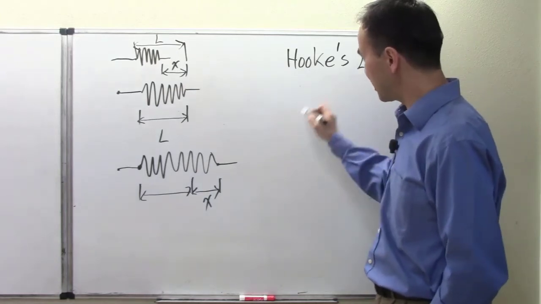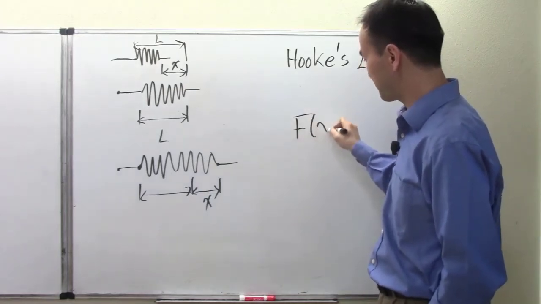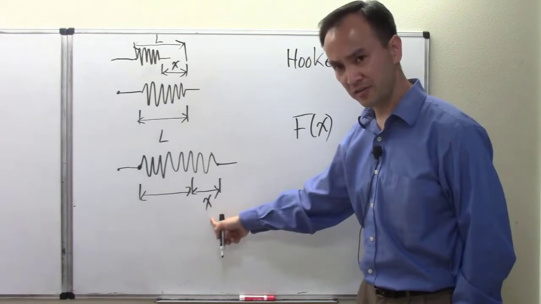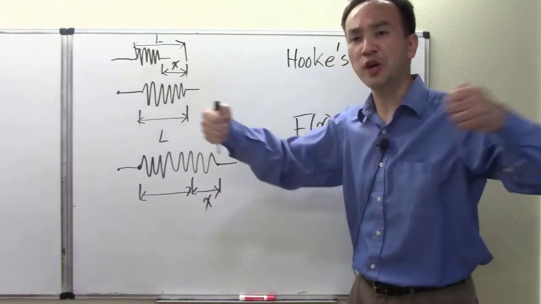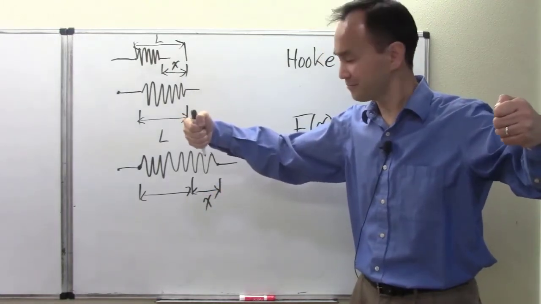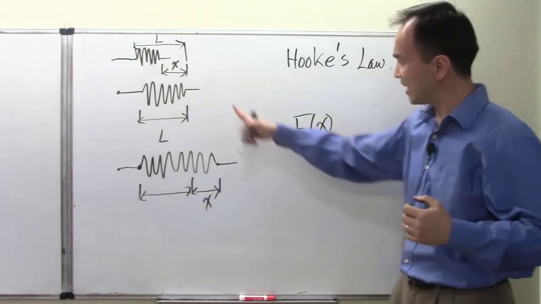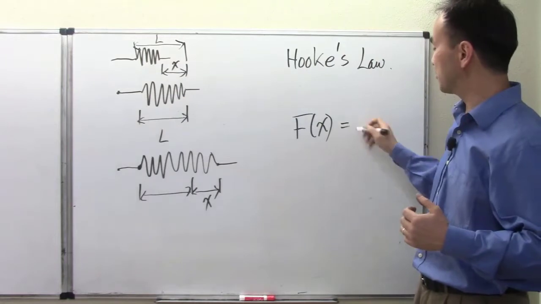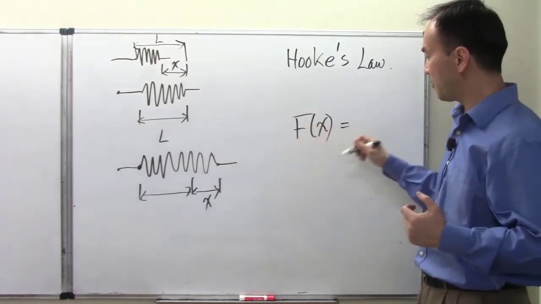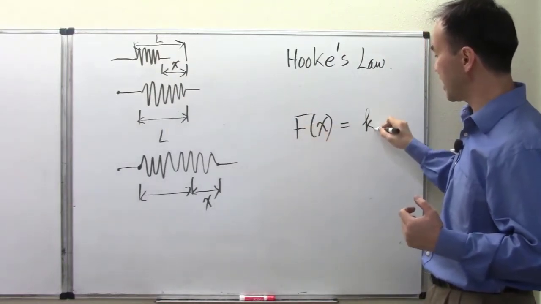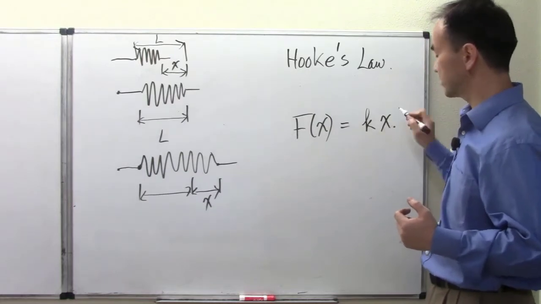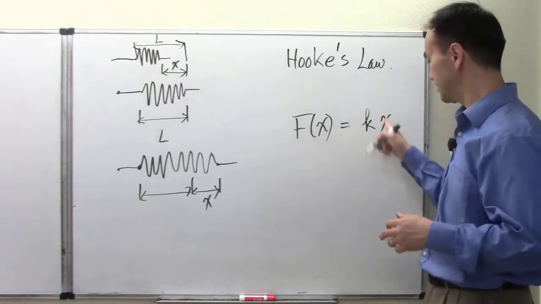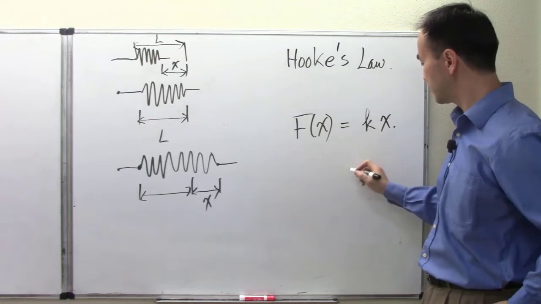Hooke's law states that the amount of force, as a function, depends on x, how far we stretch it beyond its natural length, or how far we compress it from its natural length. It's simply a constant k times x, and this is in standard units.